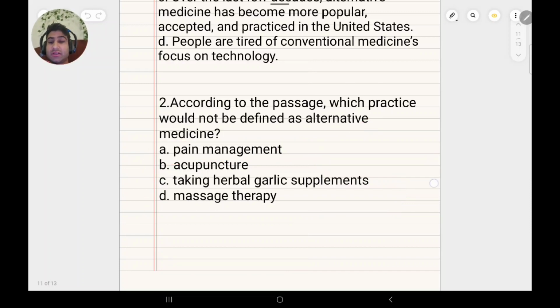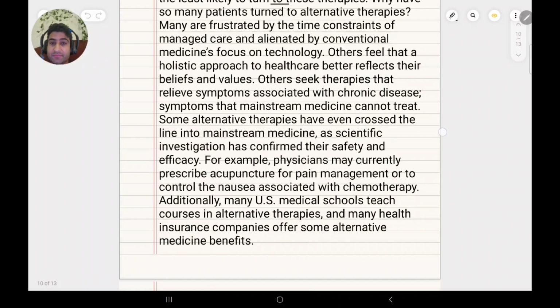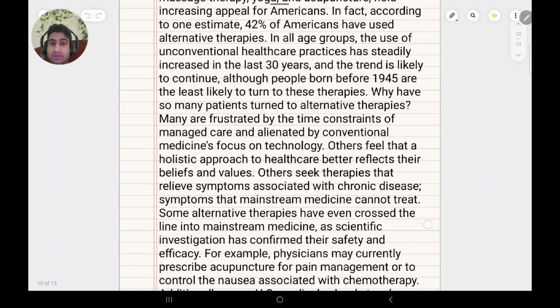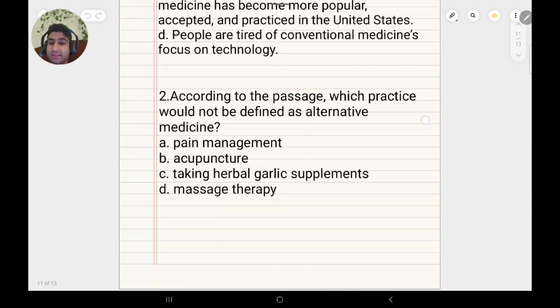This is the answer. Third one: based on the information given, what kind of person would be least likely? I still remember the answer. Just go to the words least likely to seek out alternative medicine, which means the smallest number of people will seek out alternative medical treatment. The passage says people born in 1945 are least likely to turn to these therapies, meaning the grandfather-age people.